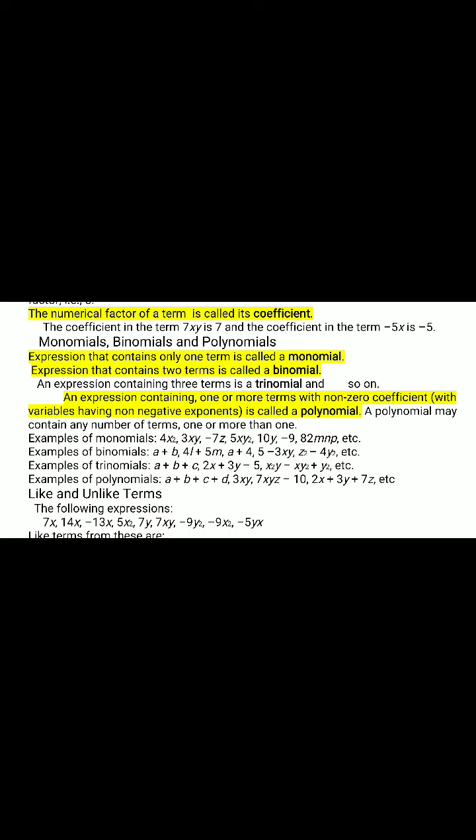Binomials have two terms, like a plus b. Two terms are possible when the terms are added or subtracted. a plus b is a binomial having two terms, but if you have a into b, then it will be a single term. a upon b will also be a single term, a monomial.